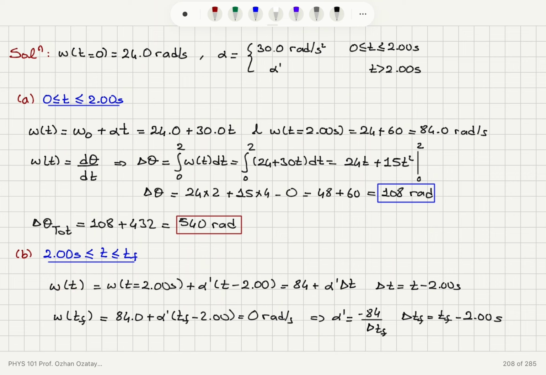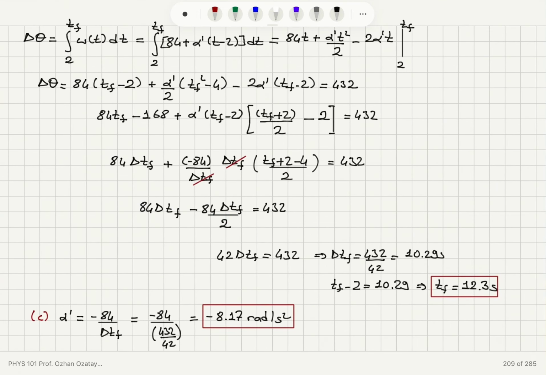Okay, so that's how it depends on time. So here we have to be careful about this condition that our time scale starts at t equals 2 seconds. And then when time is t final, omega should be 0. So for that, alpha prime must be equal to minus 84 over delta t final.